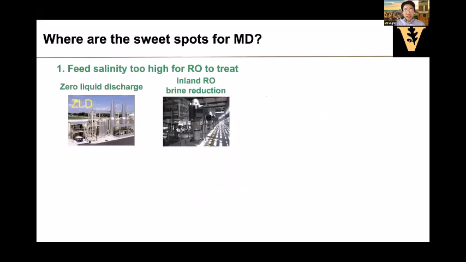As for the sweet spots for MD, I think Renew has mentioned that as well. First is when the feed salinity is too high for reverse osmosis to treat. As long as reverse osmosis is capable of doing the job, thermal distillation is probably not the way to go, because it's usually more energy intensive. But there are places where reverse osmosis would not be able to excel, and that's where thermal distillation may play a role.